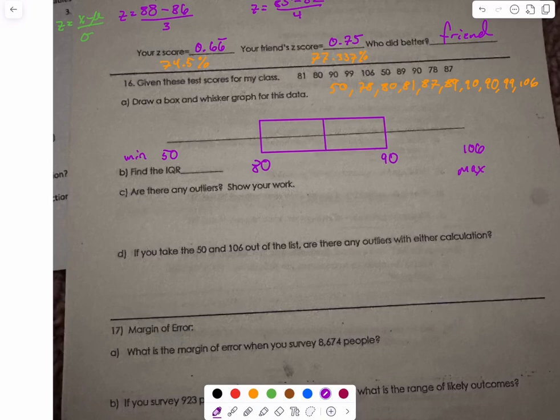Lower fence, Q1 minus 1.5 times the interquartile range. 78. 80 to 90. Okay.